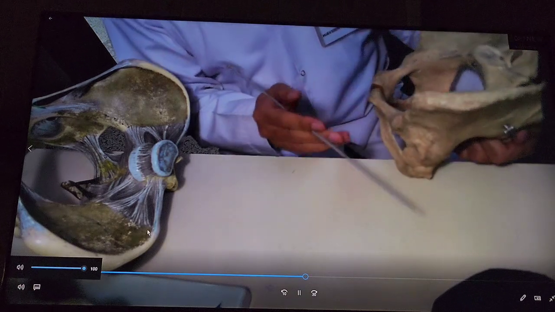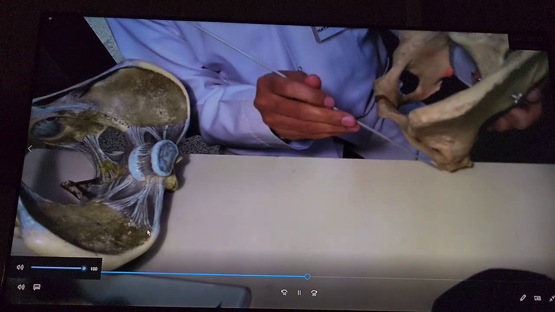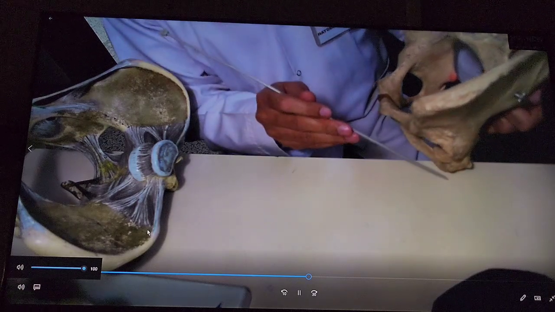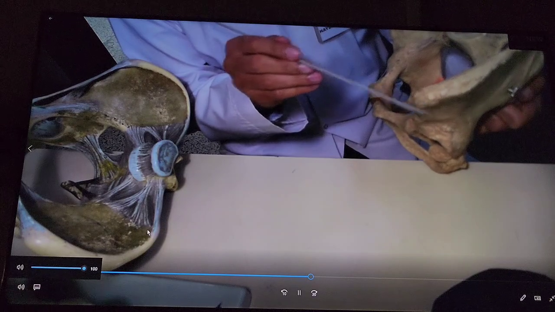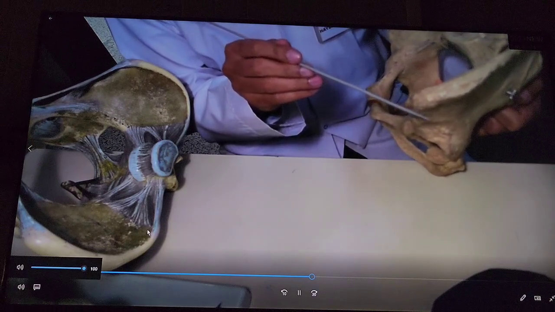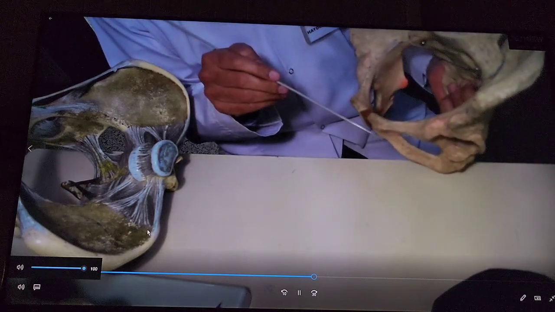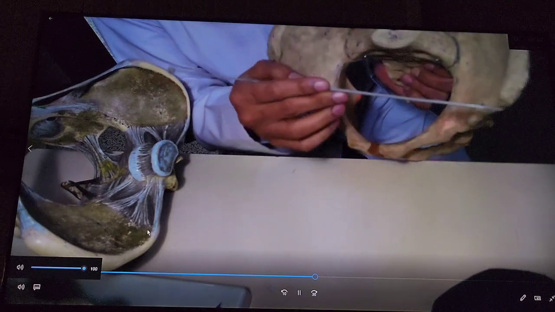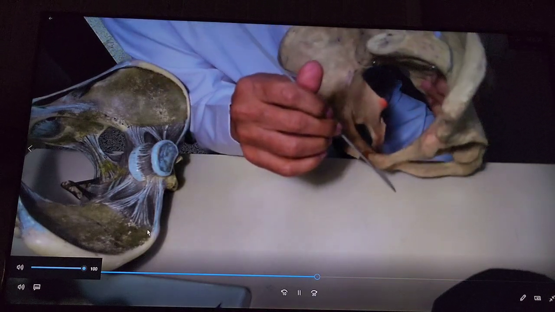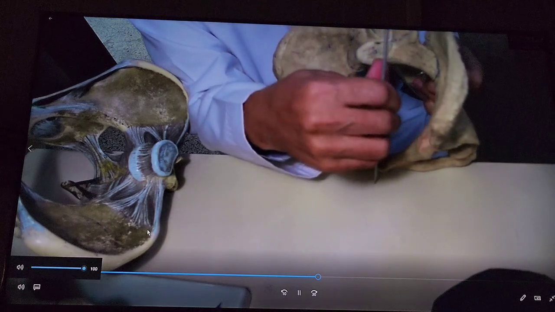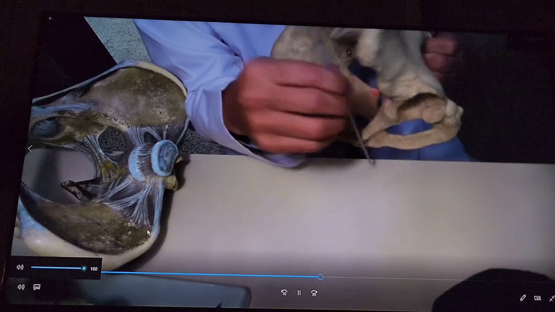So this is the exact location of the pelvis, slightly inclined, with the anterior superior iliac spine and the symphysis pubis lying in the same vertical plane.